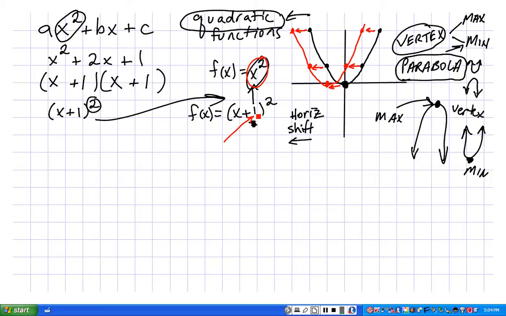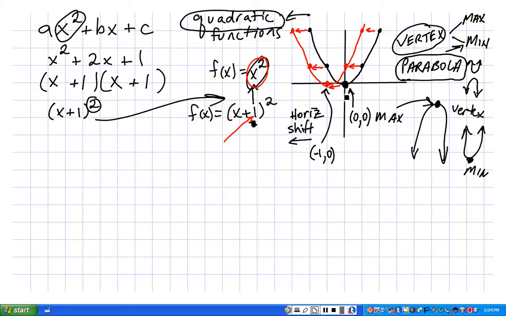Alright, so now if we notice, when we made the shift, our vertex now, right here, our vertex is at the point of x is -1 and y is 0. Initially our vertex was x is 0, y is 0.